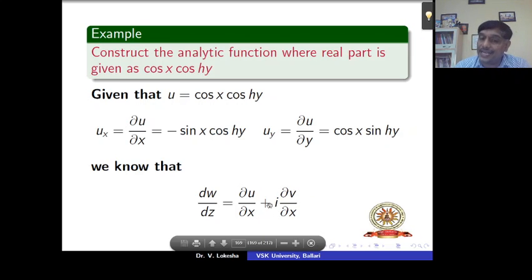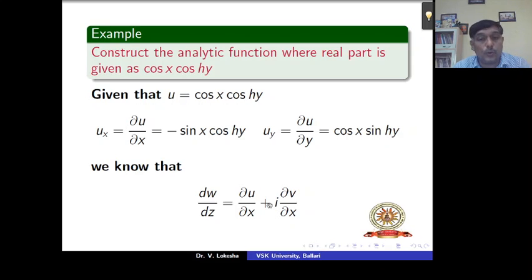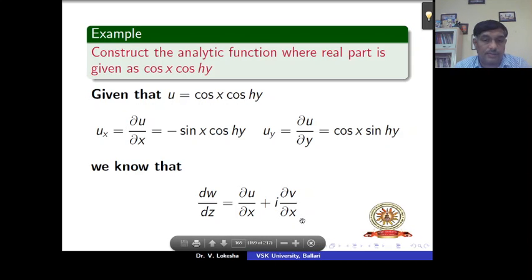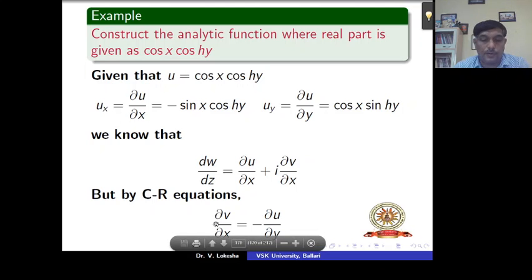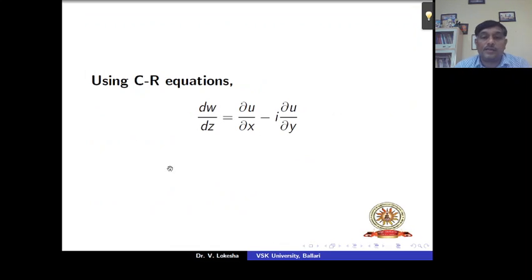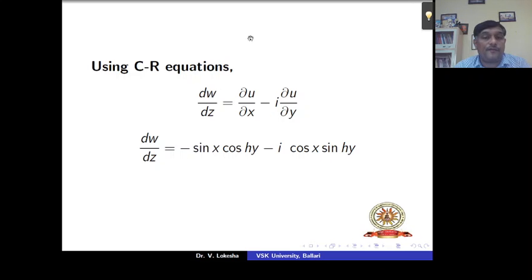Here it is an analytic function. U is given, and you can replace u_y = -v_x, so ∂v/∂x = -∂u/∂y. Substitute that, finding the functions ∂u/∂x and ∂u/∂y.